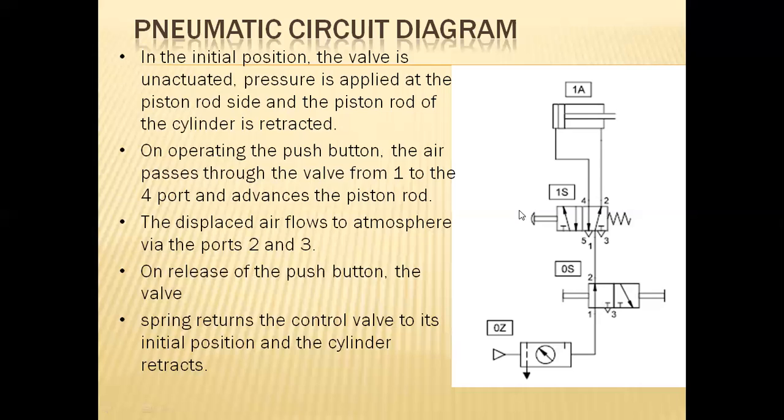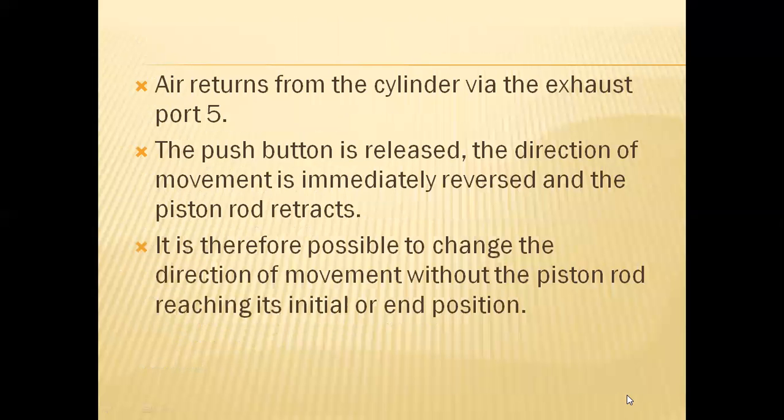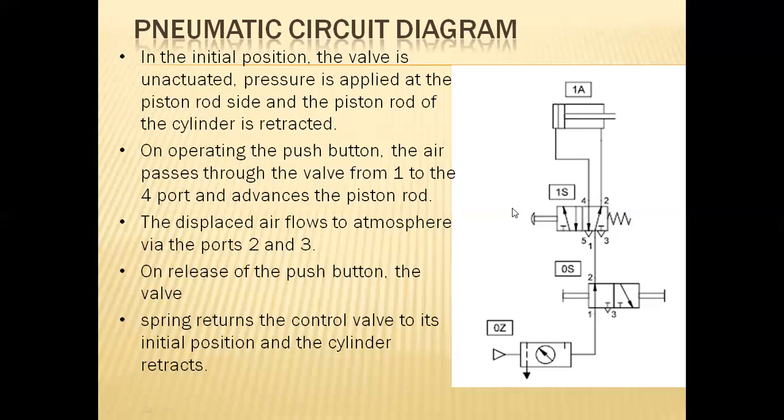So when you release the push button, it enters from port 1 to port 2, and hence the backward stroke takes place, releasing to the atmosphere at port 1. So these are the systemic or directional changes taking place within the system, changing the pneumatic criteria.